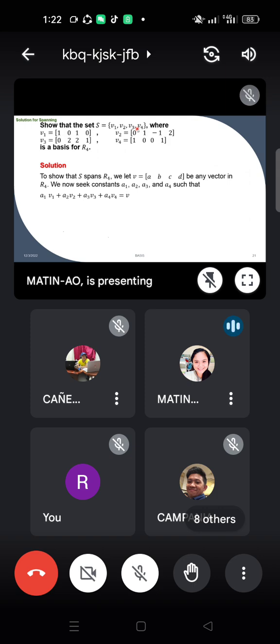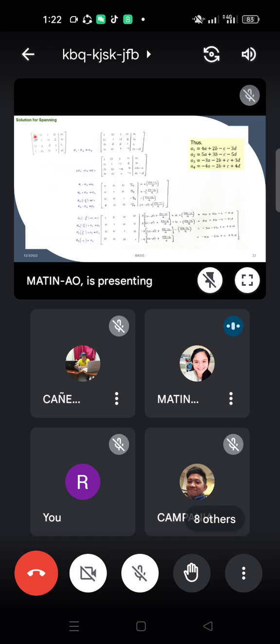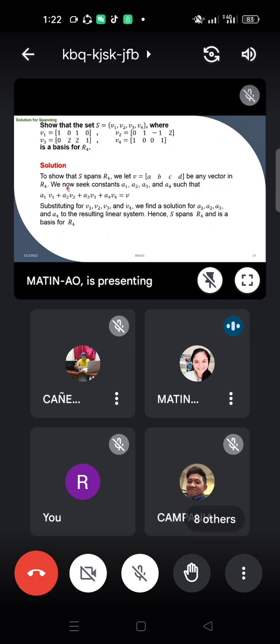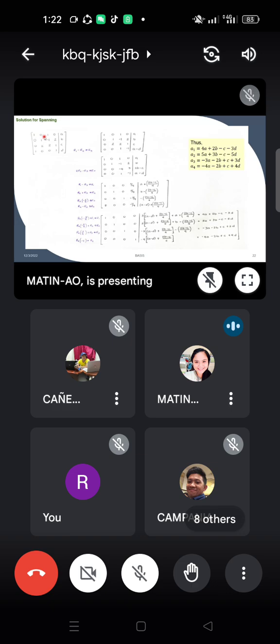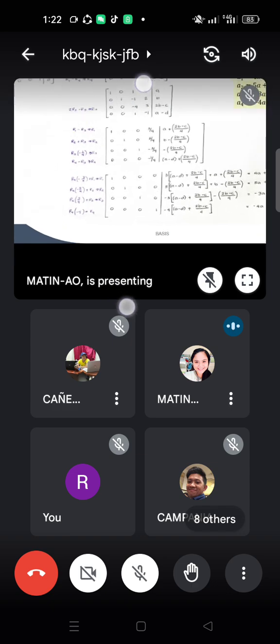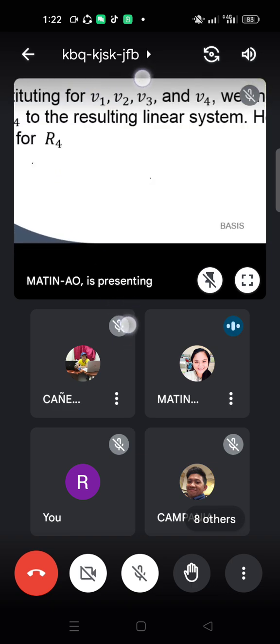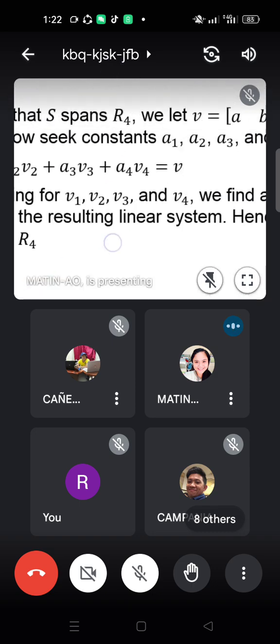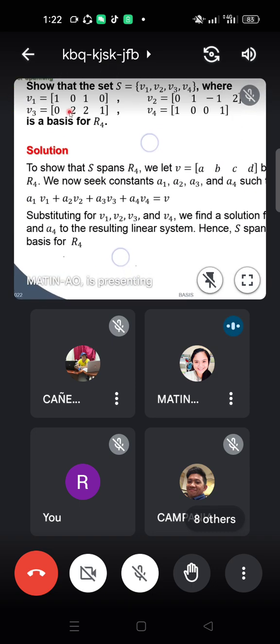So the goal in spanning is to find the values of the scalars A sub 1, A sub 2, and A sub 3 in terms of the other variables. So the goal is to convert it into an augmented matrix.